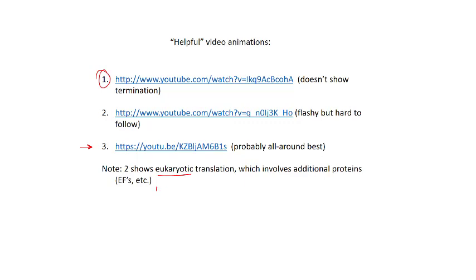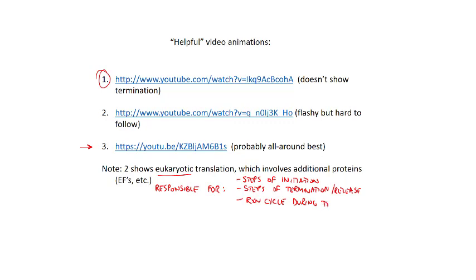So what you are responsible for knowing as far as translation goes is the steps of initiation, the steps of termination and ribosome release, and then the reaction cycle that occurs during translation, which is quite simple.